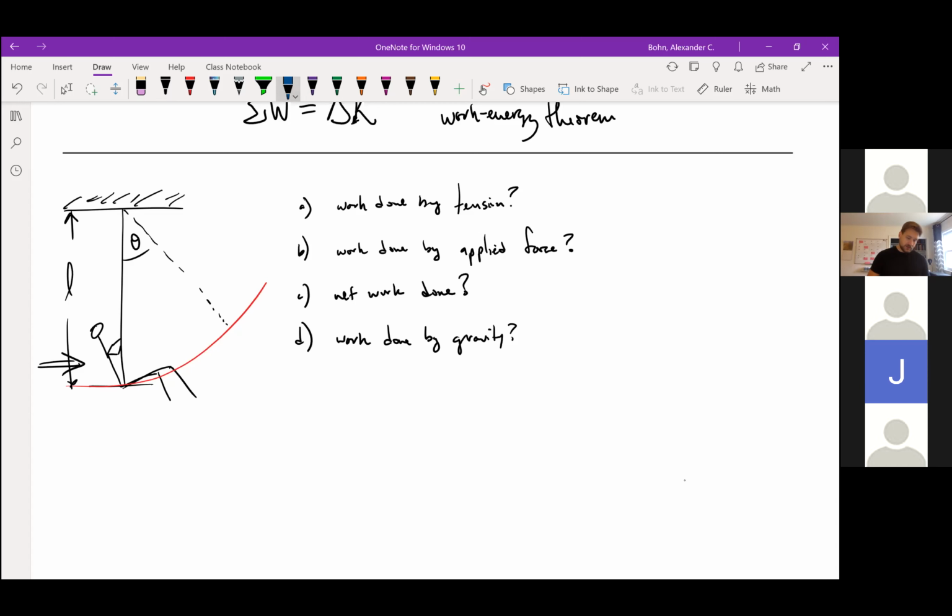Let's answer these in order of straightforwardness. What is the net work done if we do this entire motion in equilibrium without changing our speed? What is the change in our kinetic energy? Our speed is 0 at all times, essentially, we're arguing. And if the change in kinetic energy is 0, the net work done must also be 0.